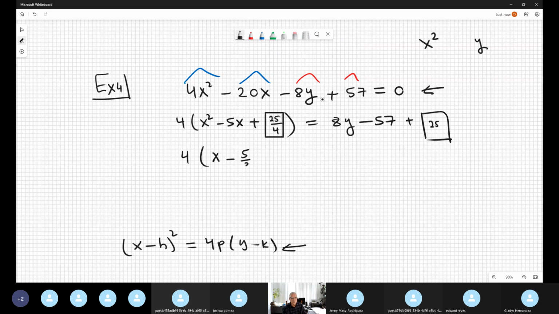Entonces 5 over 2. So the square root of 25 over 4 is the square root of 25 over the square root of 4. This is 5 over 2. And 5 over 2, by the way, in decimal is 2.5.